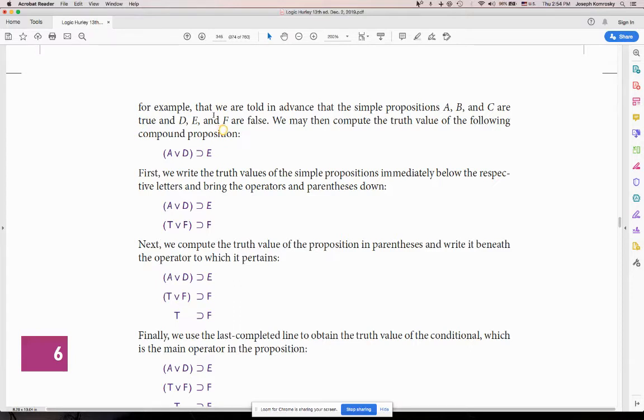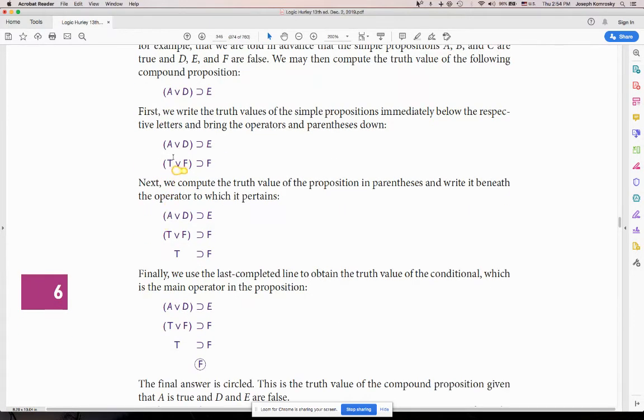D, E, and F, they're just false. So substitute. He just said A, B, C are true, right? So my A is a true. My D is a false. And my E is a false. So now I have a true, false, false, right? I have my truth values, right? Now I have my symbols, my logical operators, right?